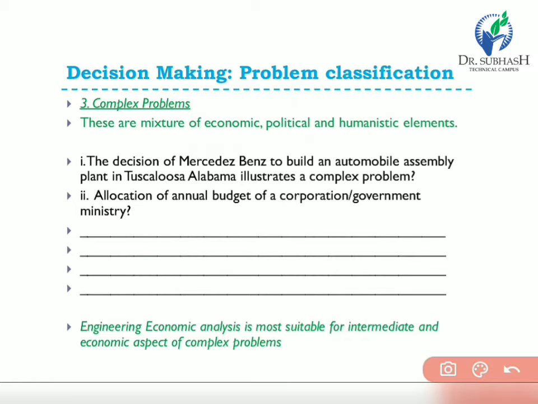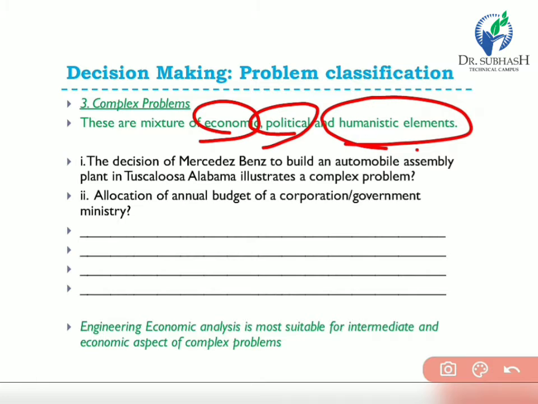Second one is, what is the political crisis or political stability in this country? And third one is, how much cost is required to build a new company. So these three things, economic, political and humanistic elements, are also involved in this example. So it is known as a complex problem.